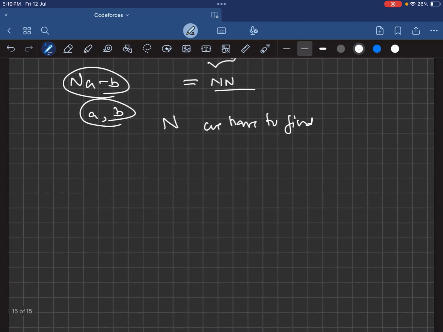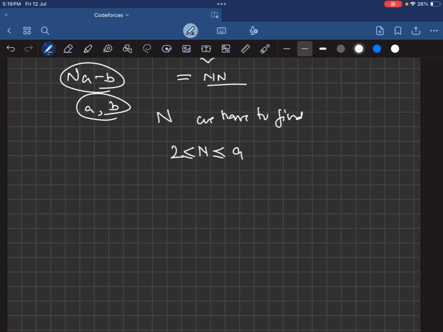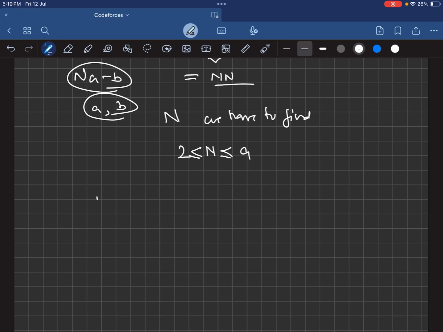For now, let us assume that n is a single digit number from 2 to 9. Then n times a minus b is equal to n written a certain number of times. Let us assume that this certain number is k. Since n is a single digit number, a minus b will also be equal to k.